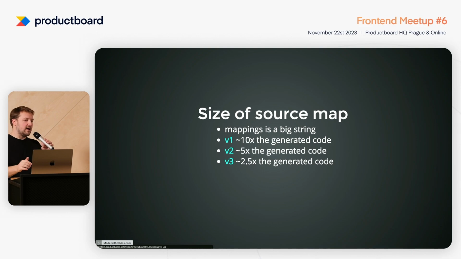As versions of source maps improved, with every version they were able to cut the size in half. So now we are with version 3, and the size of the source map is 2.5 times the generated code.